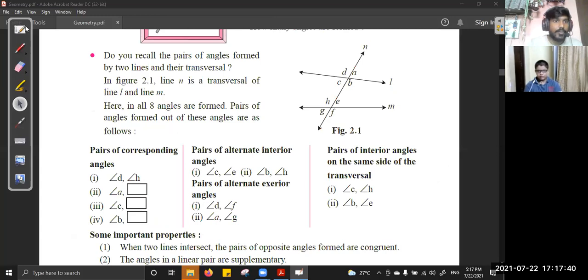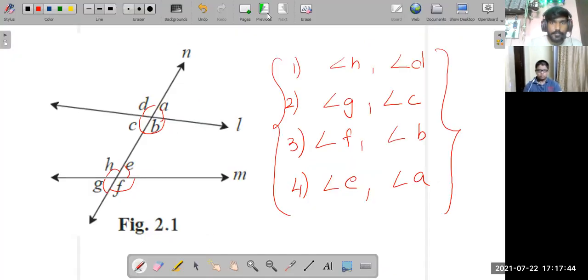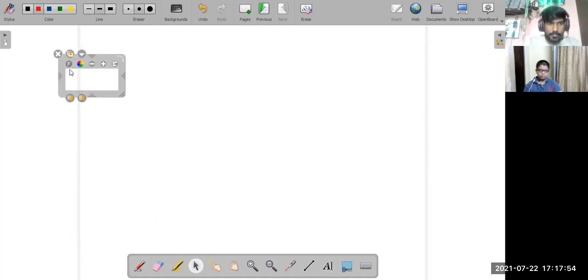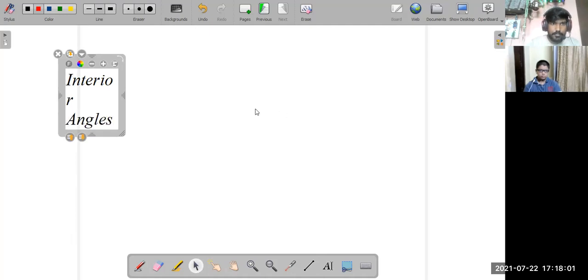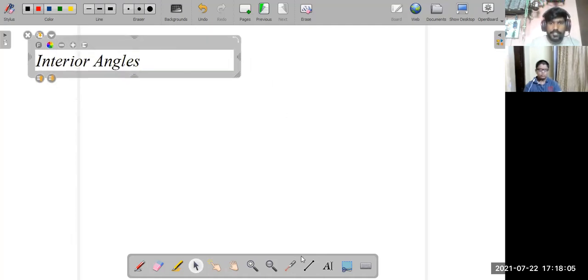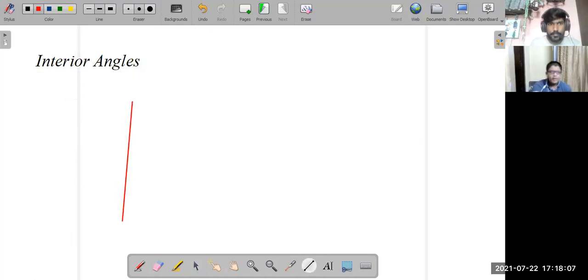So let's understand what are alternate angles. Or before alternate angles, we'll do interior. What are interior angles? Do you remember anything about interior and exterior angles?